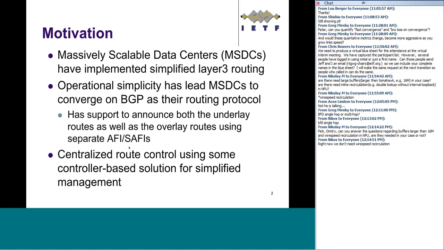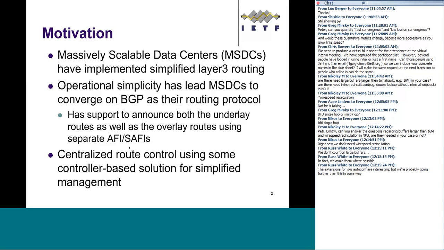So we presented this draft about two IETFs back, and we've gotten an interesting response on the draft. The main motivation behind this draft was that the massively scaled data centers today, as we have seen, have implemented some kind of simplified layer 3 routing.